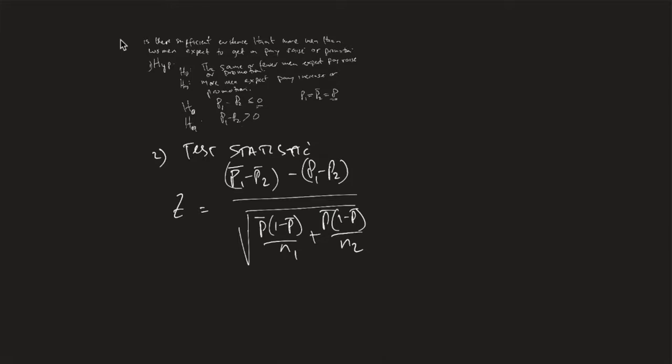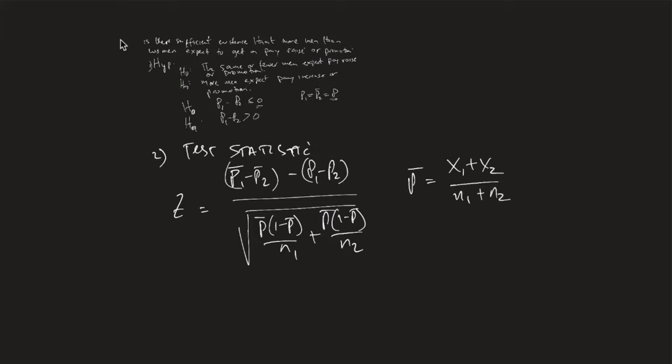And the reason for that is we have to use the pooled sample proportion, p bar, because we don't know p1 and p2. And since in a null hypothesis we are suggesting that they are equal, we cannot use p bar 1 and p bar 2 because those are more than likely going to be different. Just to remind you, p bar is obtained by x1 plus x2 over n1 plus n2.